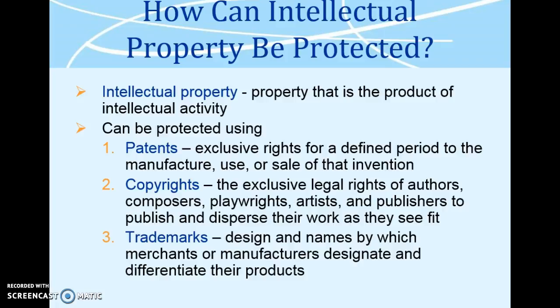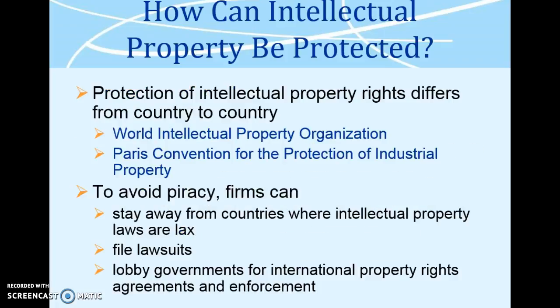Copyright, the exclusive legal rights of authors, composers, playwrights, artists, and publishers to publish and disperse their work as they see fit. 3. Trademarks, designs and names by which merchants or manufacturers designate and differentiate their products.